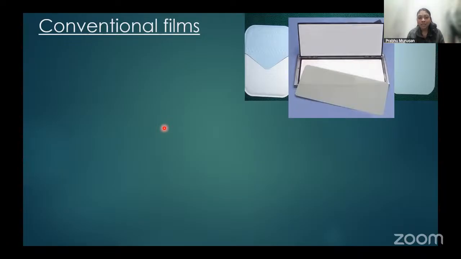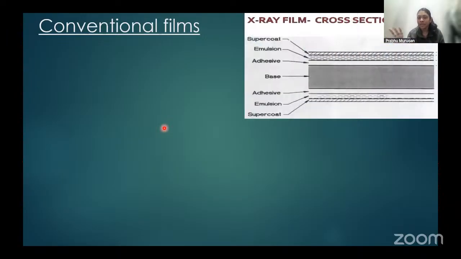The cassette holds the intensifying screens in place and wedges the X-ray film between them. This is mostly for your OPG, cephalogram, skull radiographs, all the extraoral radiographs. These are the components, the parts, of your X-ray film, intraoral and extraoral.